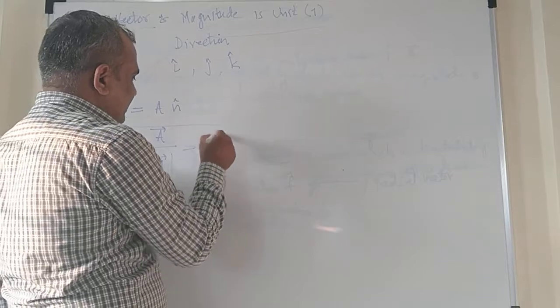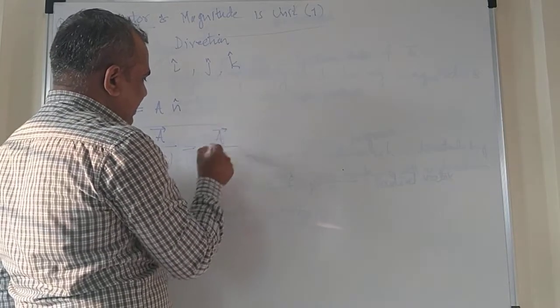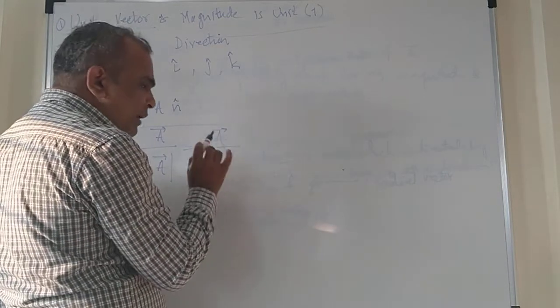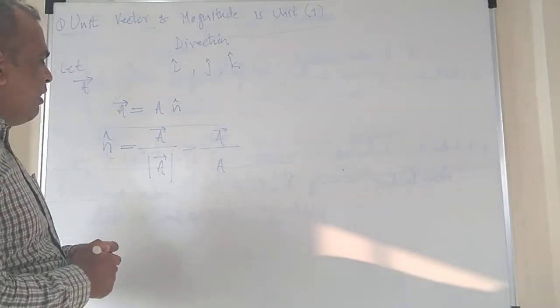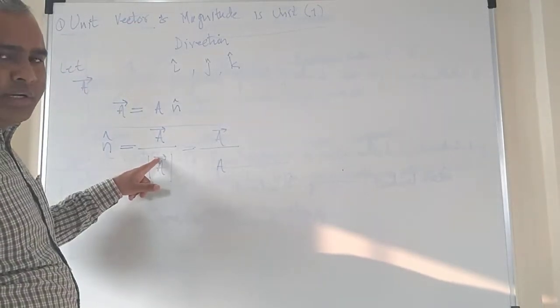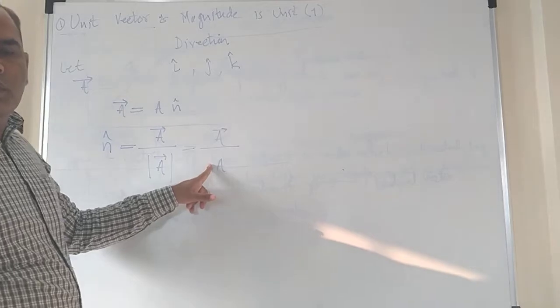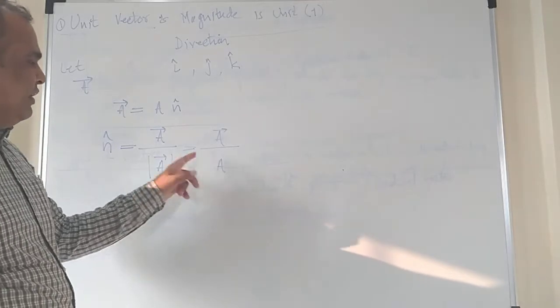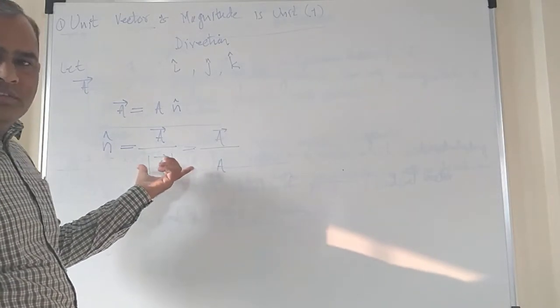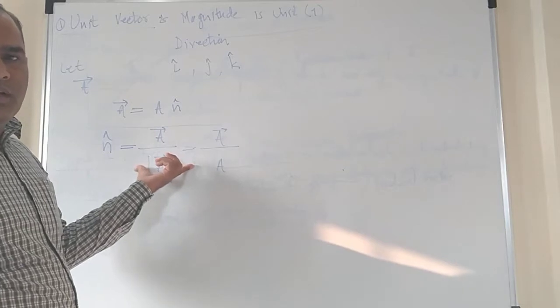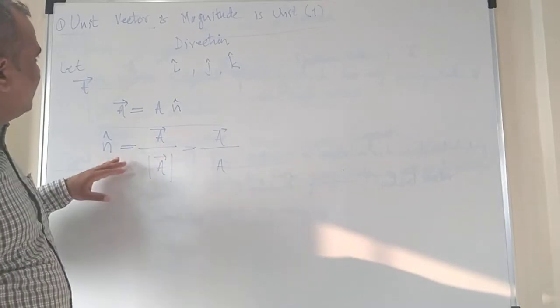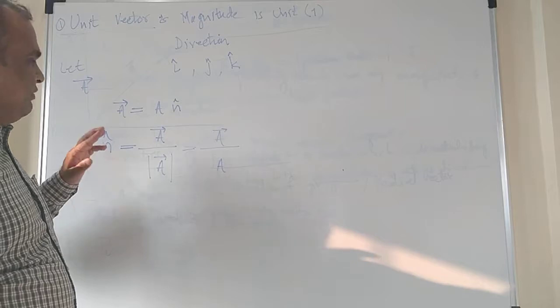You can also represent this as A bar divided by A only, without writing any mod and arrowhead over it. This also gives you a unit vector. Hope you have understood the formula for this unit vector. This is important for problem solving and next some topics. So please remember how you can calculate the unit vector.